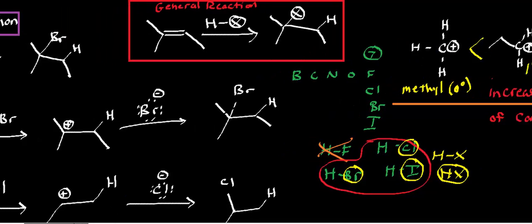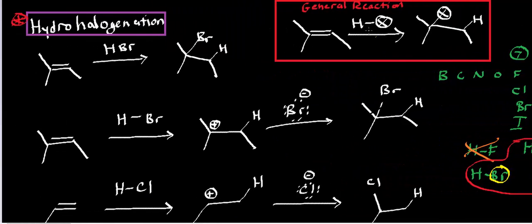So to look at the general reaction of hydrohalogenation, we're going to start with an alkene functional group like this. We're going to put it in the presence of one of these acids, either hydrochloric, hydrobromic, or hydroiodic. And essentially what happens is the anion, which would be the halide, preferentially gets added on the more substituted carbon.